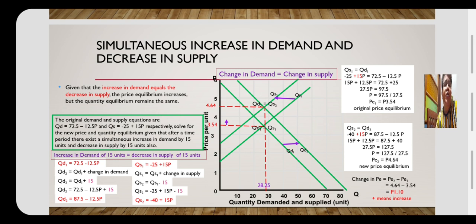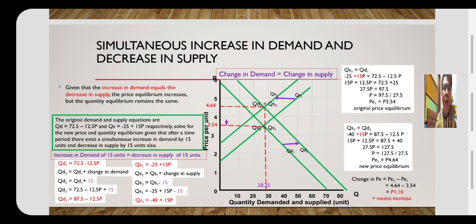So what you can observe from this graphical presentation is that there is no change in quantity equilibrium. Quantity equilibrium remains at 28.25, so no change in quantity equilibrium. What has changed is only the price equilibrium. Specifically, there is an increase in price equilibrium by 1.10 pesos.